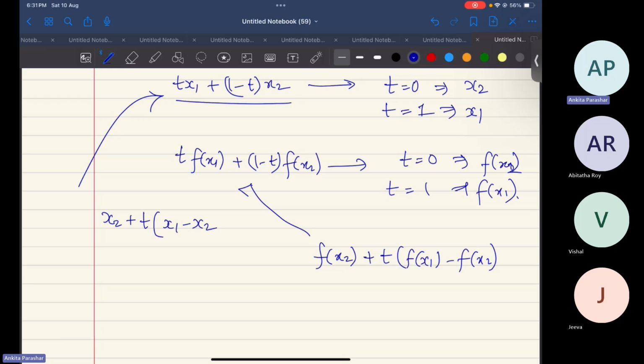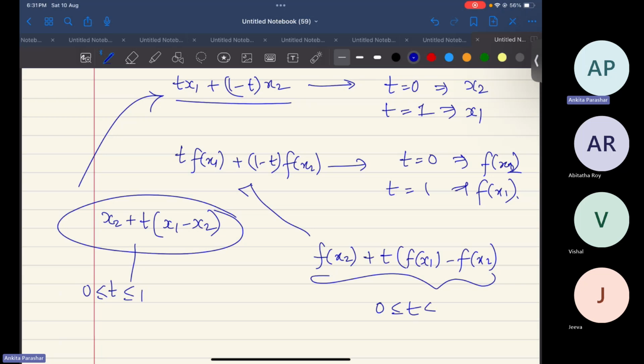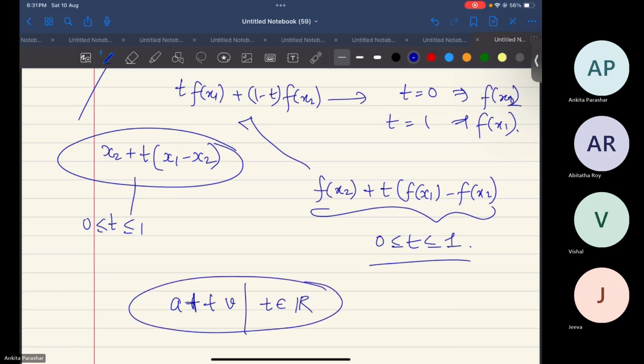Now can you recognize these two things, where t lies between 0 and 1? You remember a plus tv, where t is in R? What does it represent?